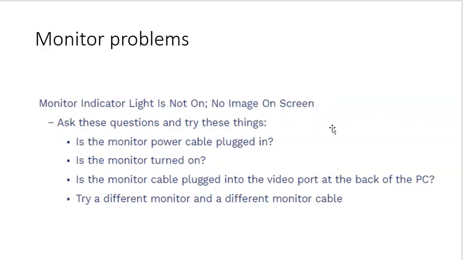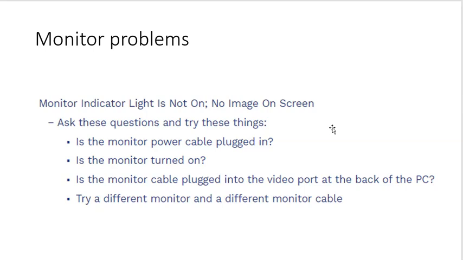If your monitor's not coming on, make sure it's plugged in. I've actually seen monitors where the plug fell out, and of course the monitor wouldn't work because it didn't have any electricity. Another thing that can happen is, because gravity is a thing, the cable that comes from the computer, like the DVI cable or the HDMI cable, is going to be hanging straight down from the back of the monitor.